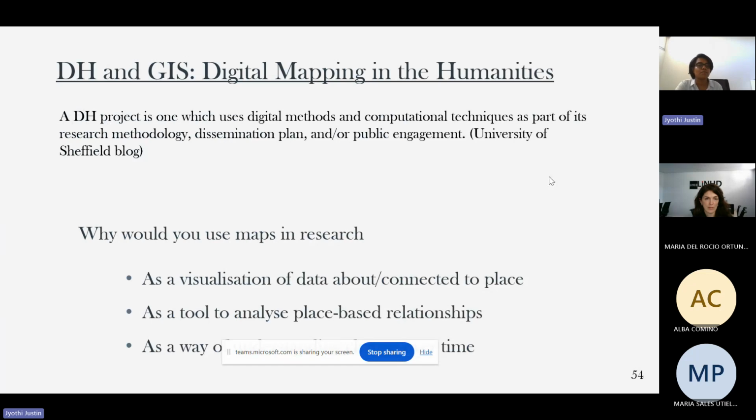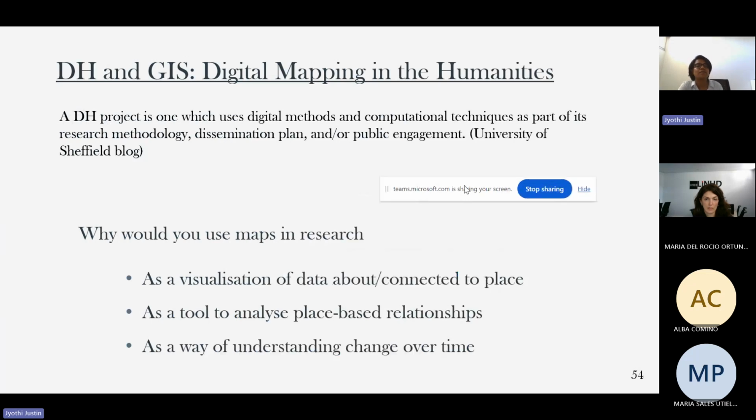So in the example that I just showed, I'm making use of digital cartography, both in my research methodology and in the dissemination plan. The final plan is to come up with a spatial archive that will be openly accessible to the public, so that they can navigate through the data that we are visualizing and also conduct further research on it.